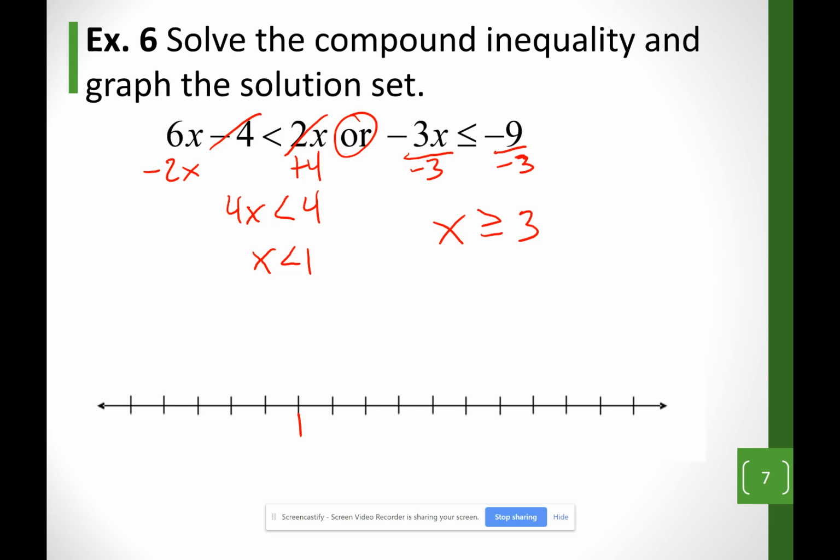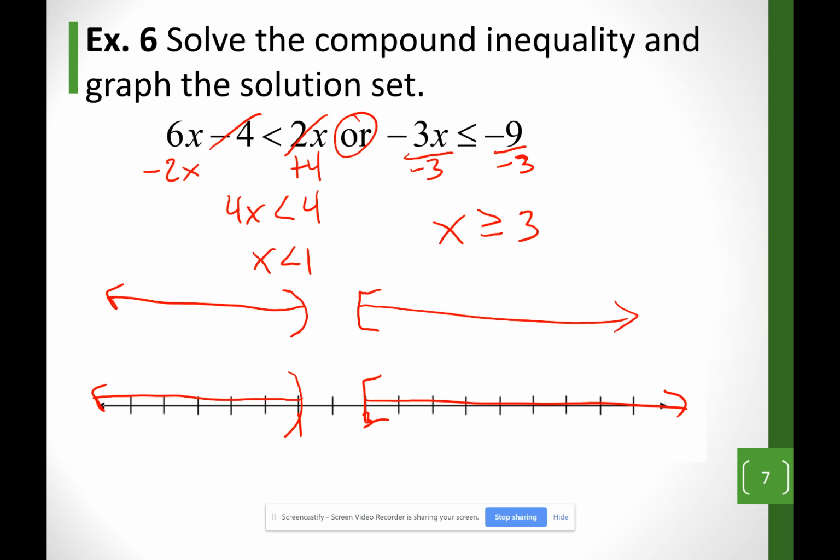Let me label my numbers as I need to. There's 1 and there's 3. The first inequality is a parenthesis at 1 and it goes to the left. The second inequality is a bracket at 3 and I go to the right. So for my graph, I actually have to include both of them, because remember, I'm asking which one is in at least one of them.